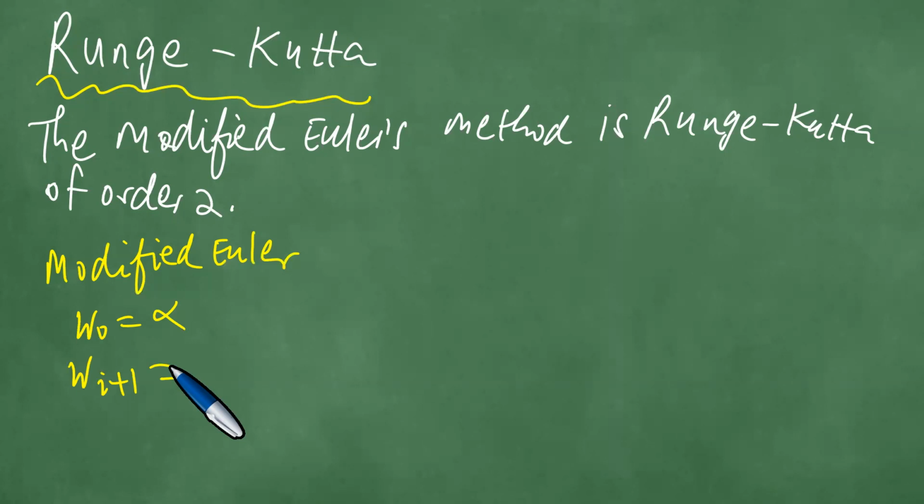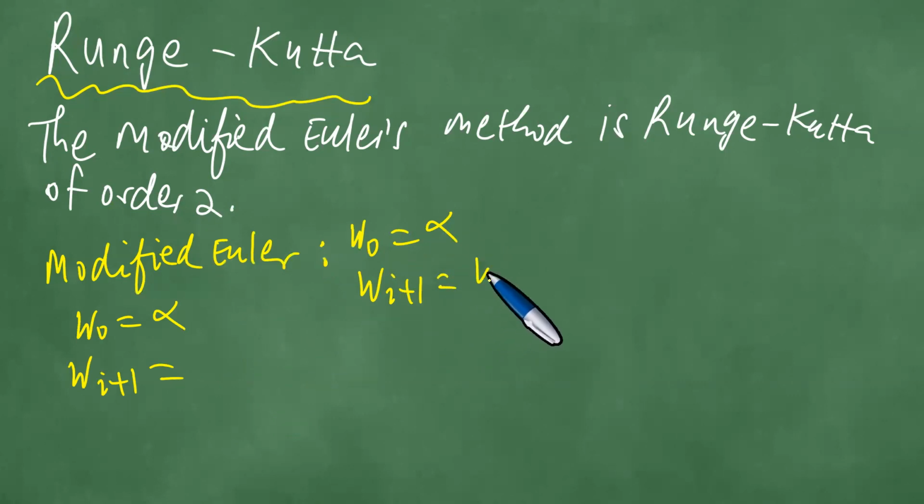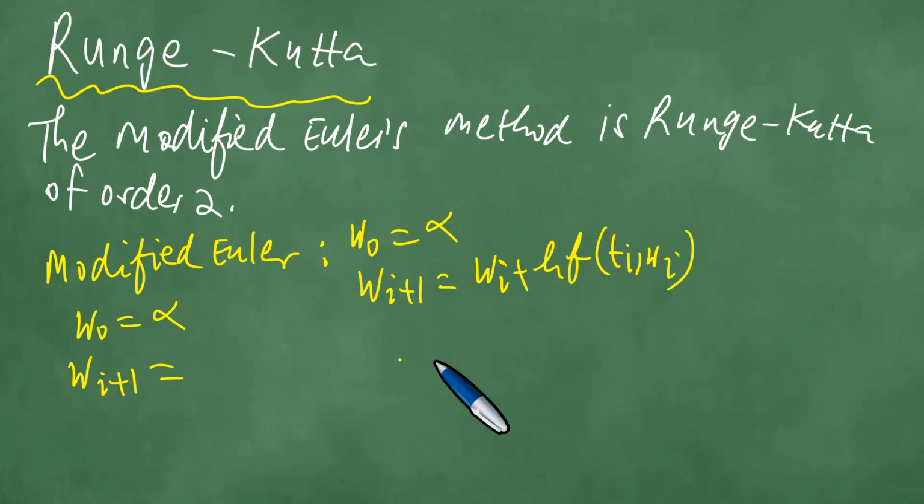The modified Euler can be stated in many ways. For example, first you can state the Euler and say W0 is alpha, and state this one for the Euler. And this one is what we call the predictor, which is HF of TIWI. And then we have the other one for the corrector.